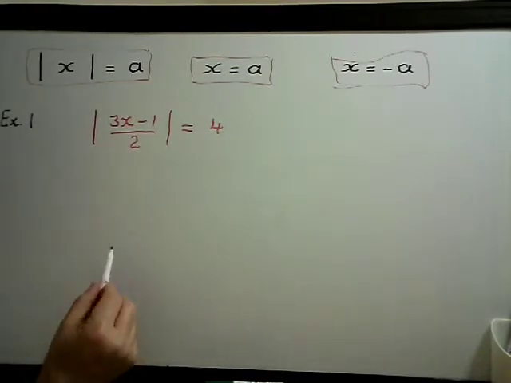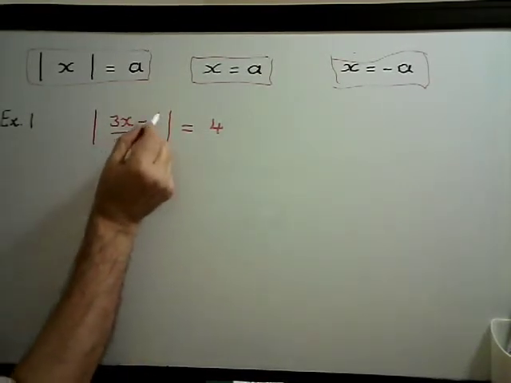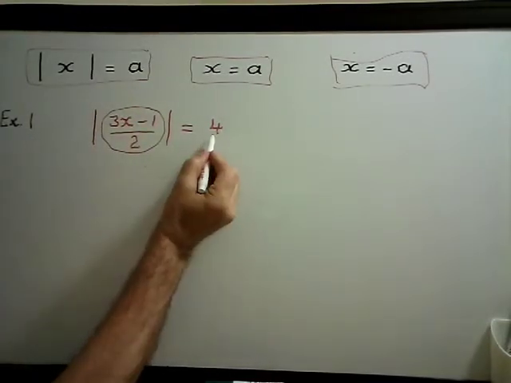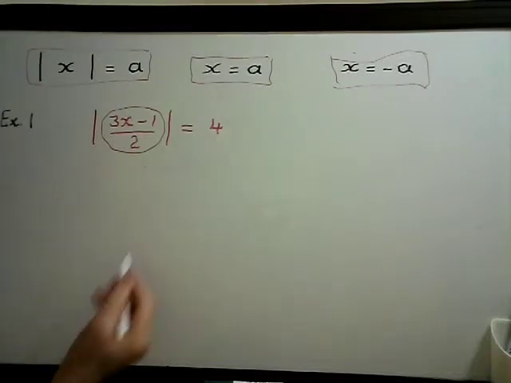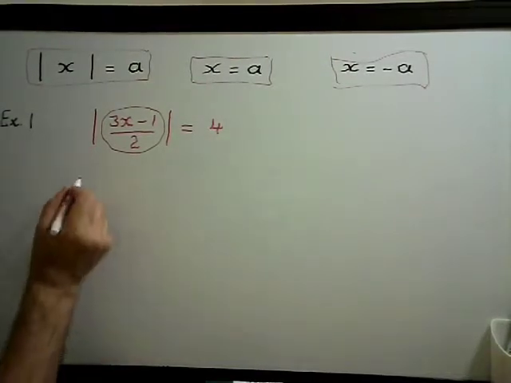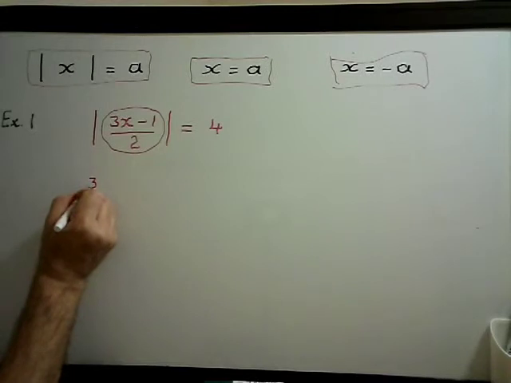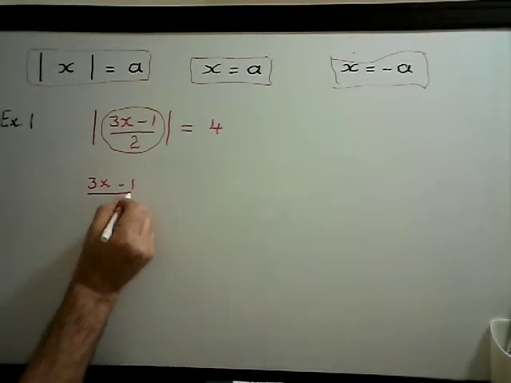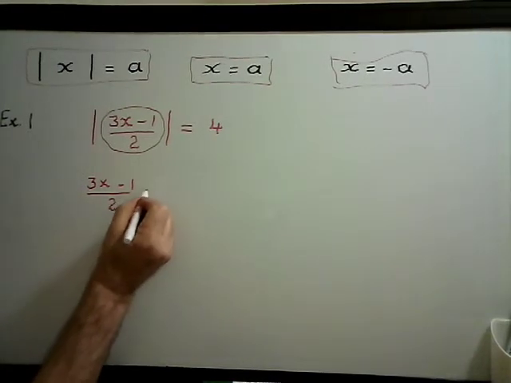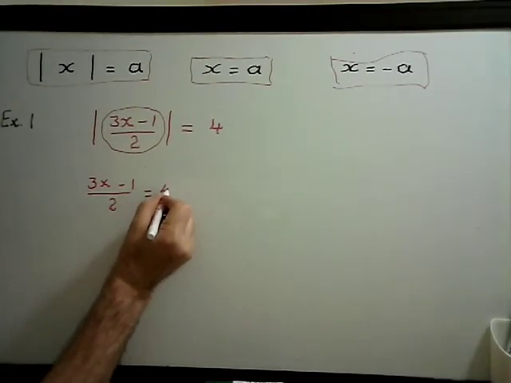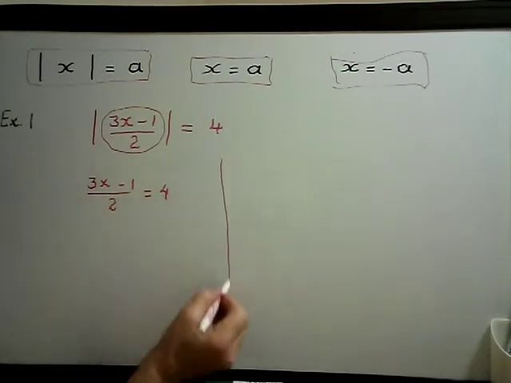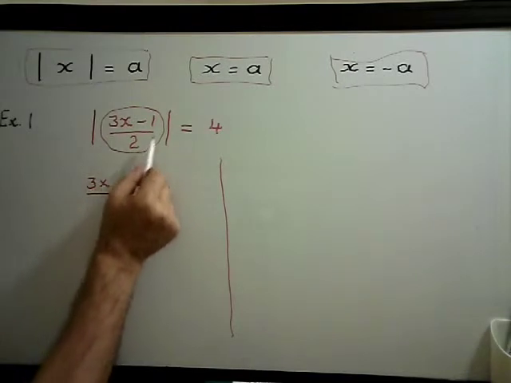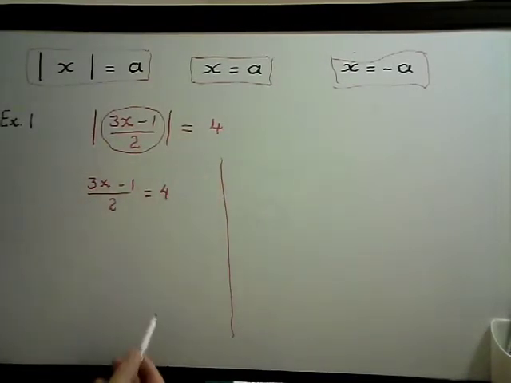The first equation, take all this form and put it as equal to 4. So we write 3x minus 1 over 2 is equal to 4. And the other form, we take all this and put it as equal to -4.